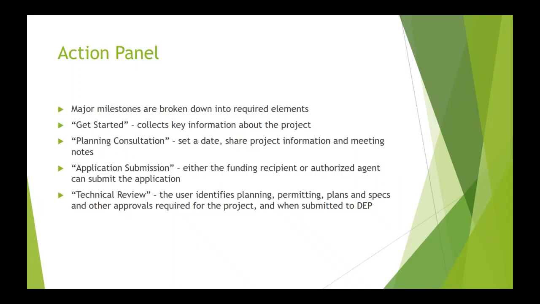So again, the get started, which was a milestone in the progress bar, essentially collects key information that we need to know about the project. A lot of times this can be information that's collected in advance of the planning consultation meeting, or it can be afterwards. But again, this is just very preliminary information.